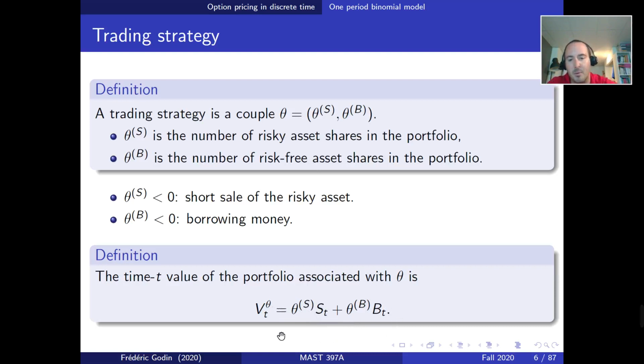So the value of the portfolio at time t is the number of shares of the risky asset in the portfolio times the risky asset value at time t, plus the number of shares of the risk-free asset times the price of the risk-free asset at time t. So we define trading strategies, which is the composition of a portfolio, and we define the portfolio value from that trading strategy.